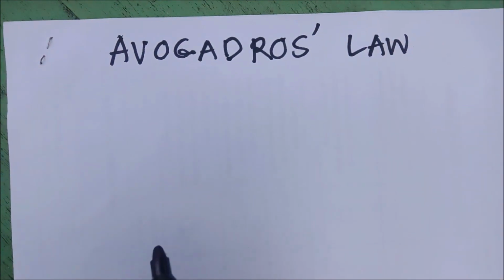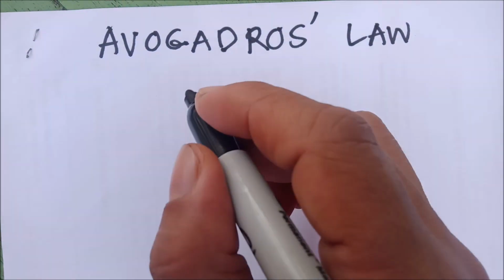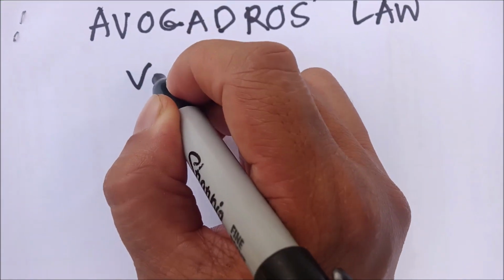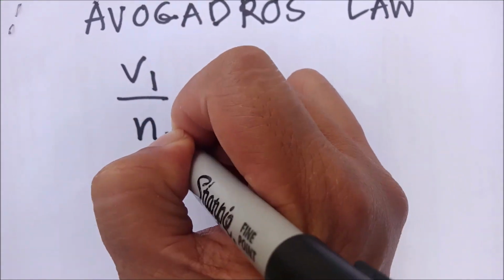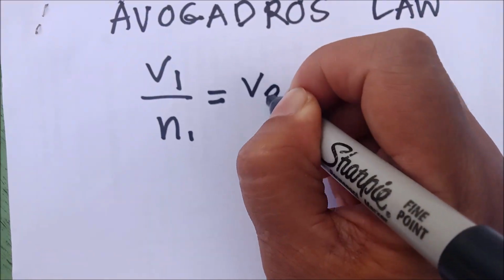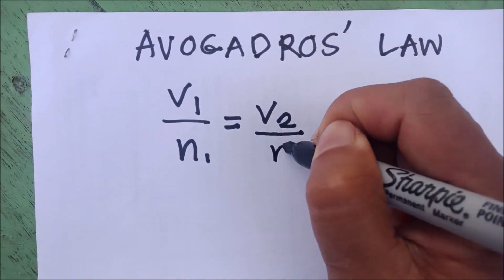Okay, so let's now work on Avogadro's law, which was expressed as V1 over N1 is equal to V2 over N2.